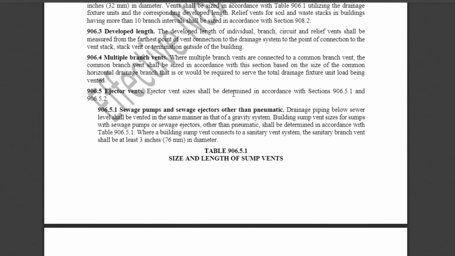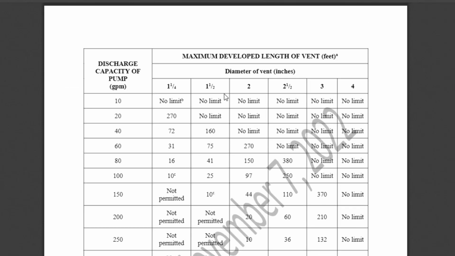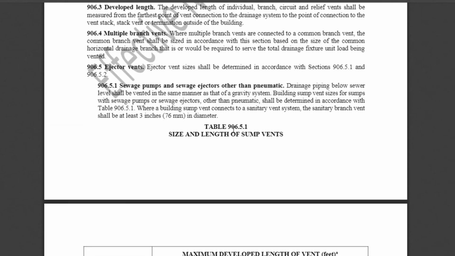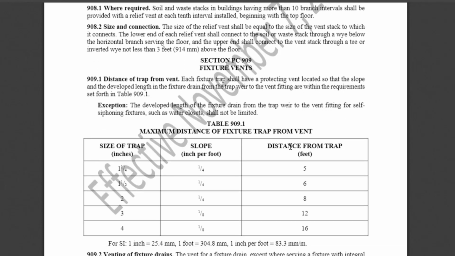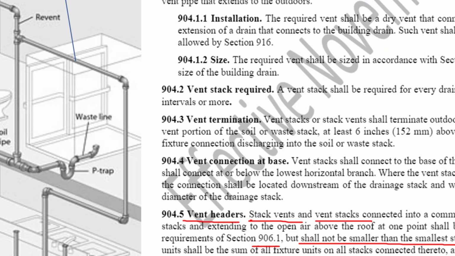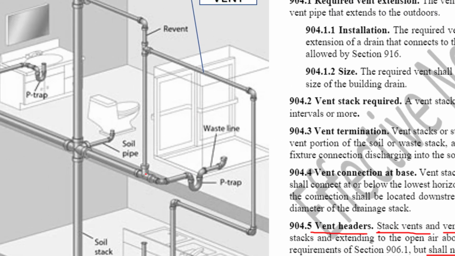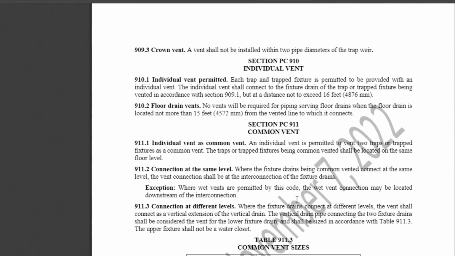So if you look down here, this table here would just be for sump vents, which are just sump pumps. So this table is a little bit different. And also, if you look here, there's other tables such as maximum distance of fixture trap from the vent. So that means that, if you have a vent here, the maximum distance from this vent to the trap, which is this distance here, there is a table for that as well.